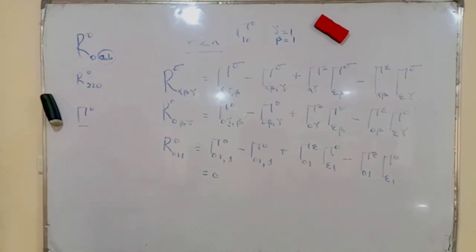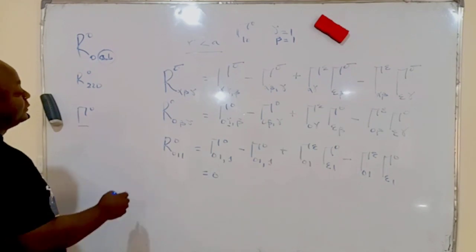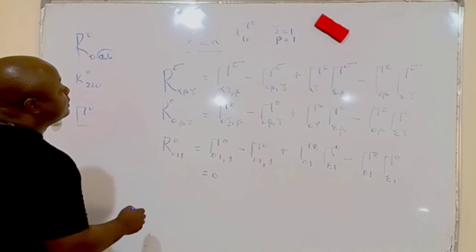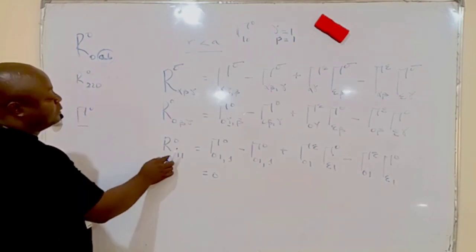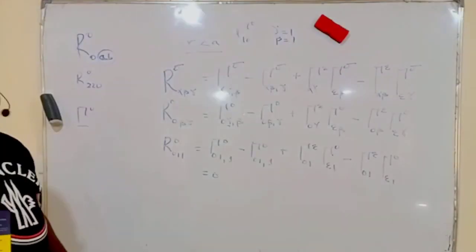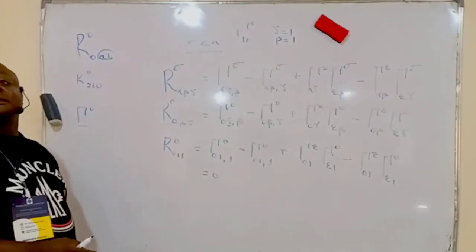Okay. So when this is 0, we don't have any. So we'll now go to the next when this is 1. Okay.